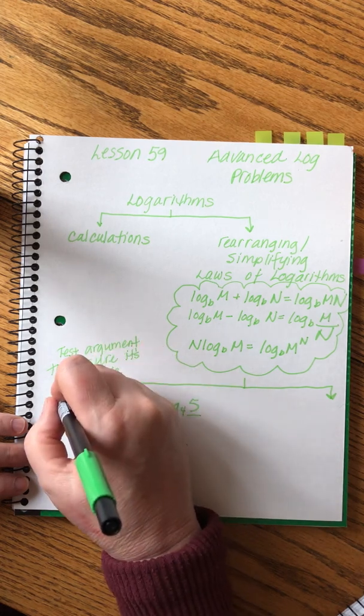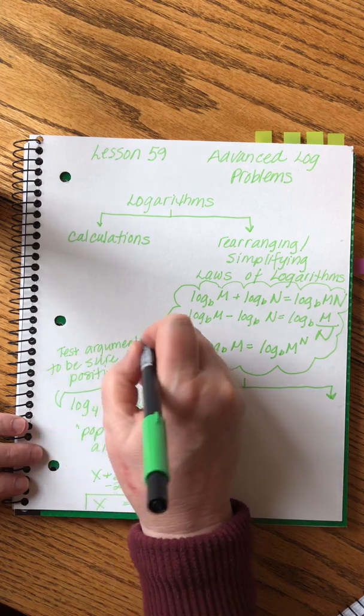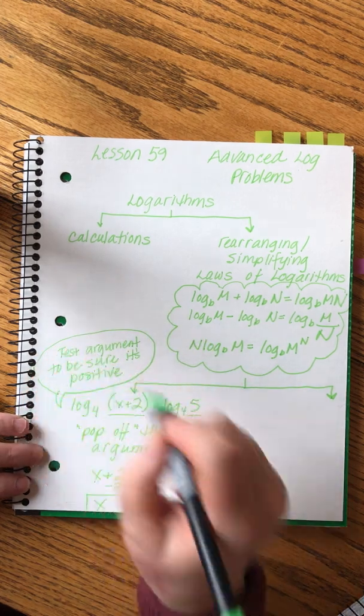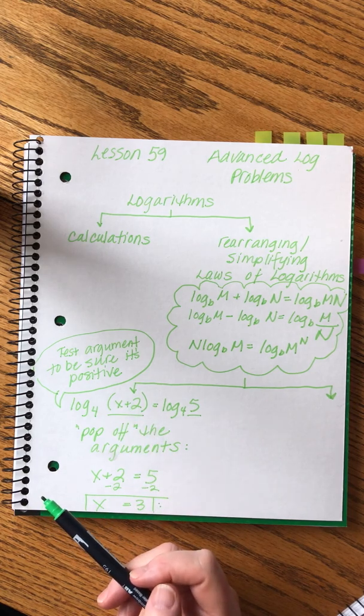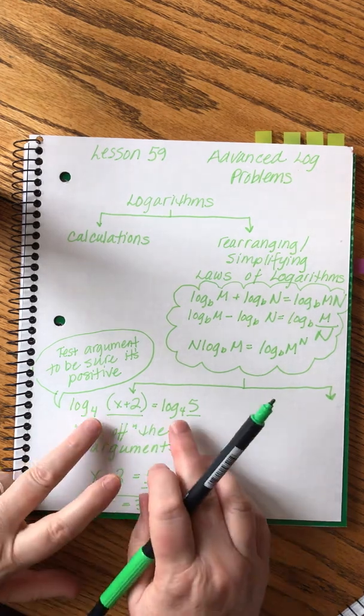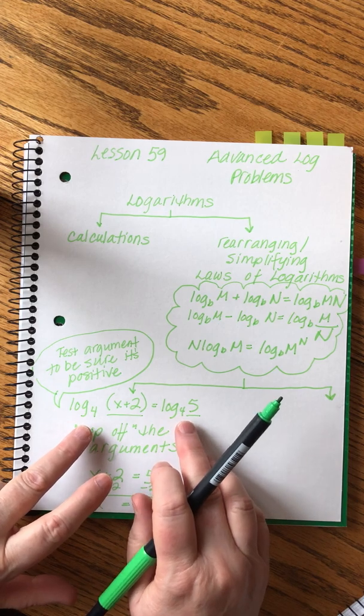Okay, so it's true of anything, but especially in this style of problem, we have to check and make sure that that makes our argument positive. Okay, so this is the first kind, log equals log.